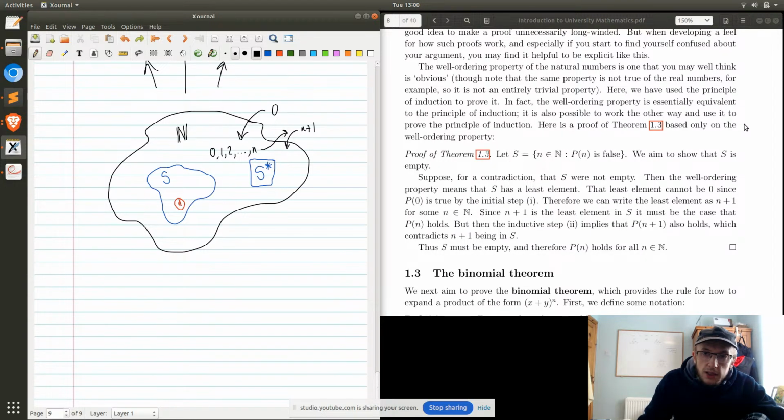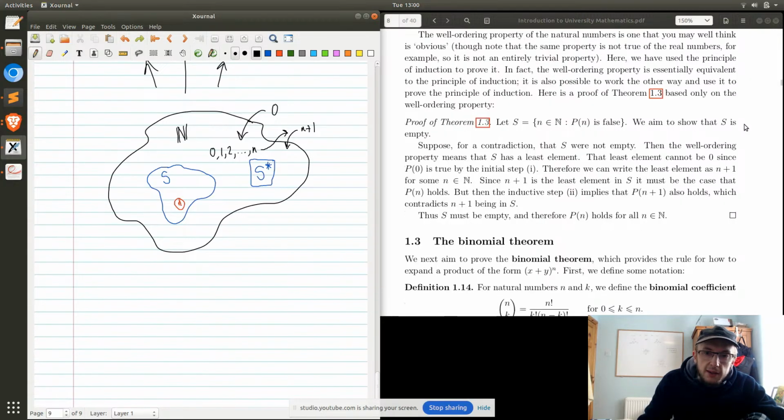Now we get a theorem that's based on the well-ordering property, which proves that it's useful to some extent. So we have a set of natural numbers such that P of n is false.